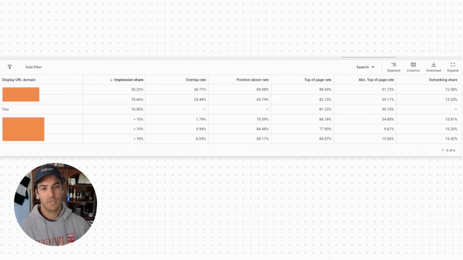But there's typically a catch when it comes to the absolute top of page. There's typically a premium to get that number one spot. Before you add more budget or chase that number one spot, you really have to understand if that higher cost per click is worth it based off of what the cost per acquisition is going to be for your business.